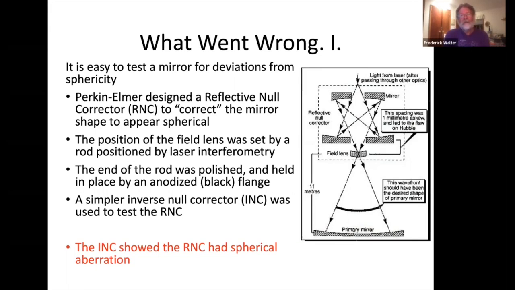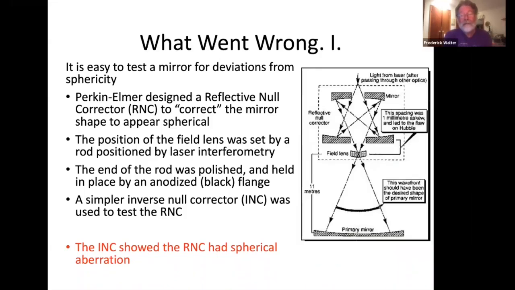So PerkinElmer designed what they called a reflective null corrector, the RNC, which is illustrated on the right, which was an optical device where you would shine light in and it would bounce off a couple of mirrors, basically a telescope, go through a lens, and it would distort the light coming in such a way that it would make the primary mirror look exactly like a sphere.